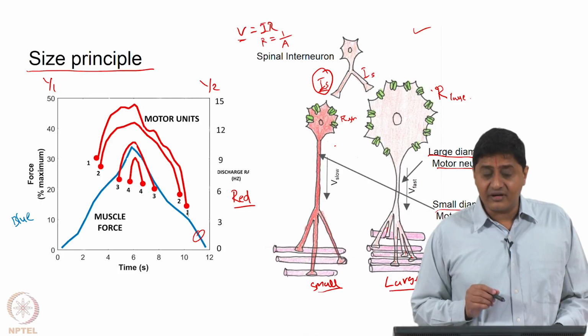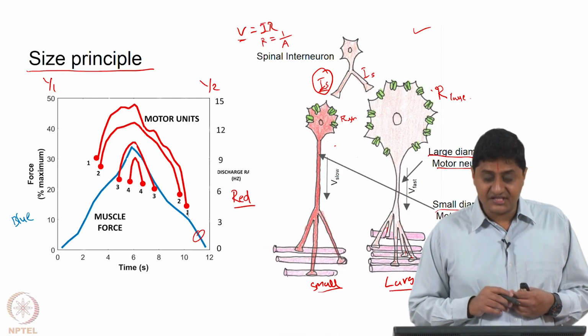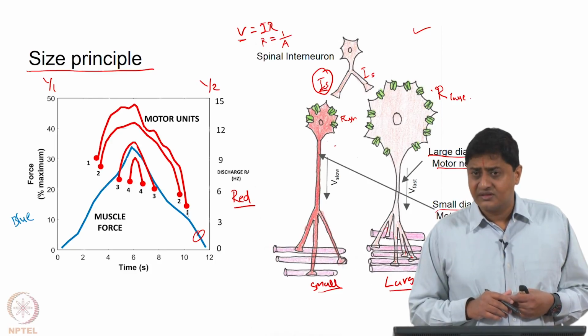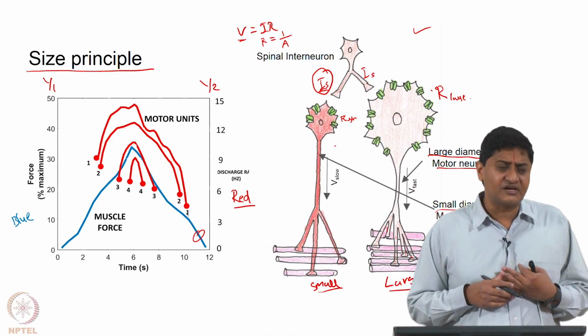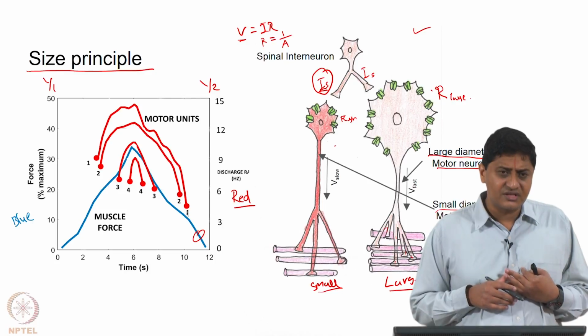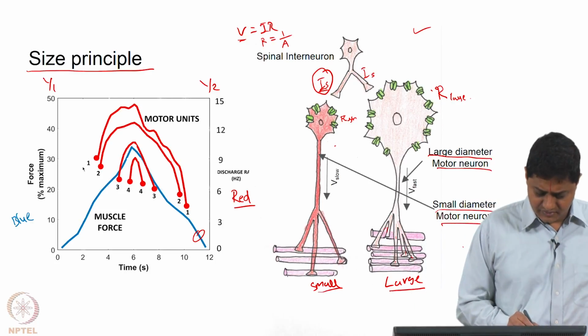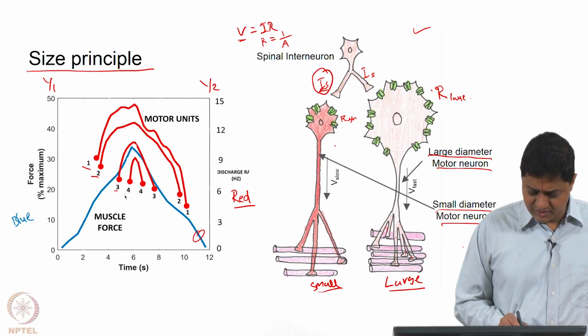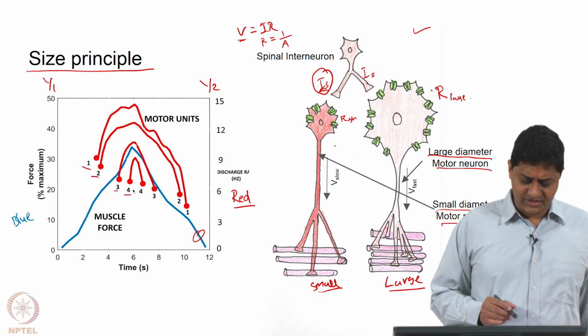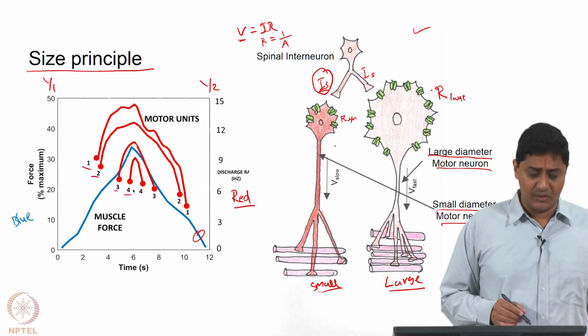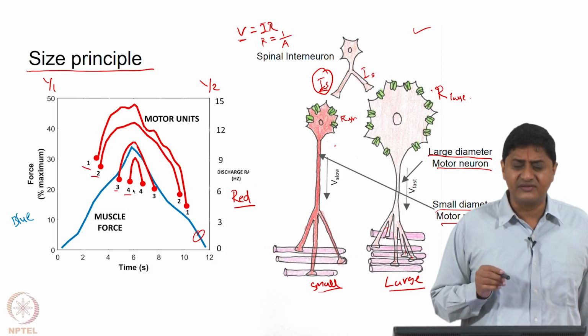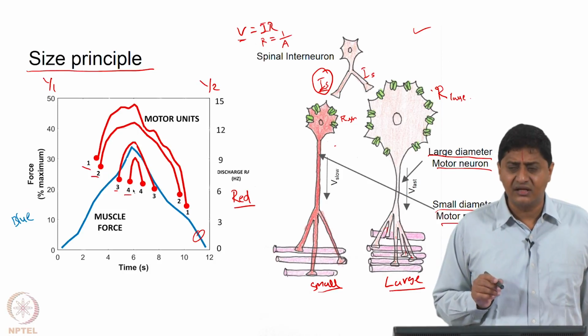And let us say I have recorded the discharge rates of some motor units. Actually there are multiple motor units that are recruited to produce this force. Let us say that I have measured the activity of 4 different motor units. I am going to call these motor neurons M1, M2, M3, M4. What is the method in which you could measure their activity?